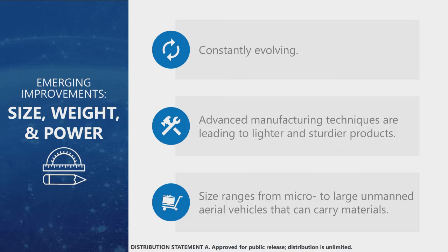So more emerging improvements with drones is the size, weight, and power. Power is kind of related to batteries, but can also be related to the type of engine, or type of motor, I guess would be the better way of saying it, that can be used. But in regards to weight, as we said, there's a lot of 3D printing technology out there now that can print things in different materials that was not even imagined 10 years ago, even 20 years ago. There is research out there to make drone blades lighter and sturdier.